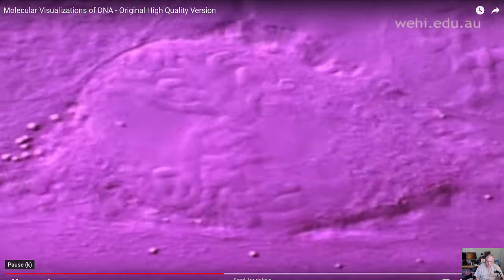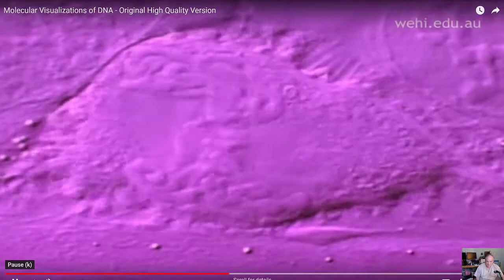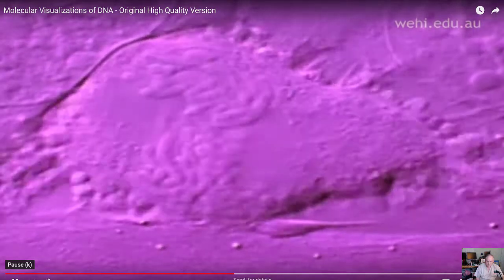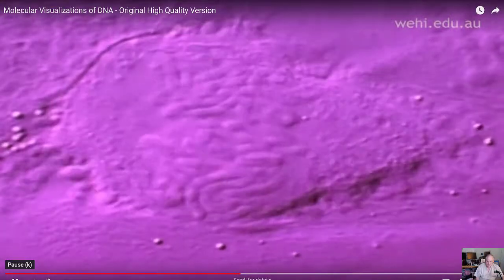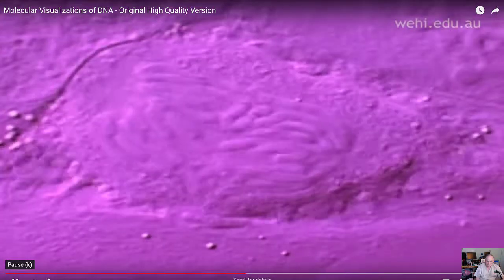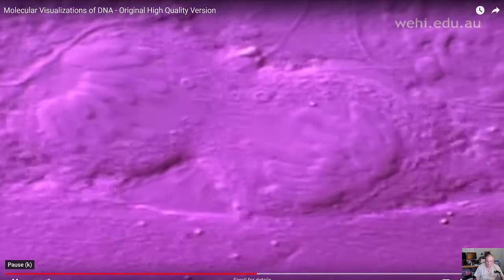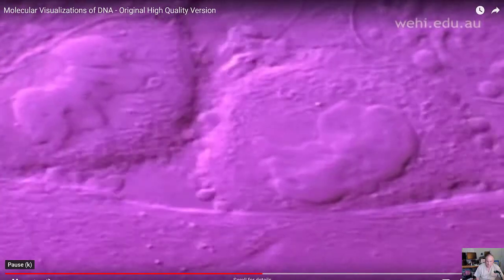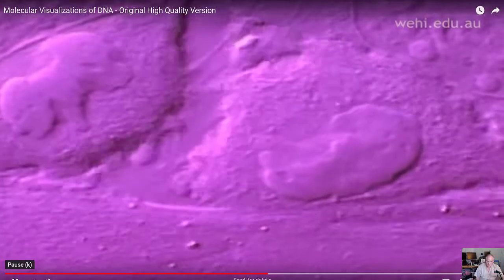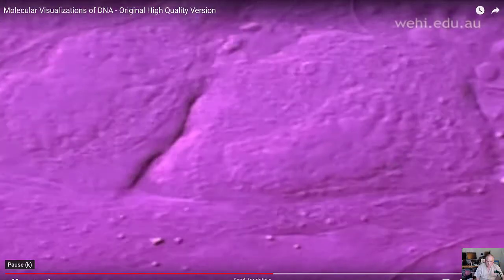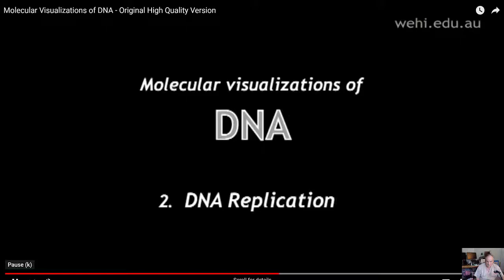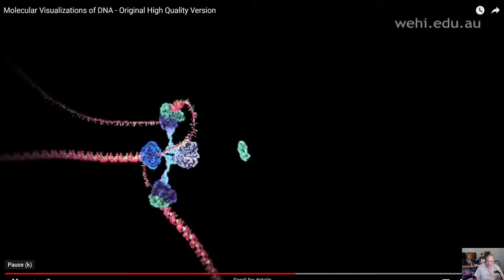Chromosomes are not always present. They form around the time cells divide when the two copies of the cell's DNA need to be separated. So now we know how it's packed up. Now let's see how we replicate it.